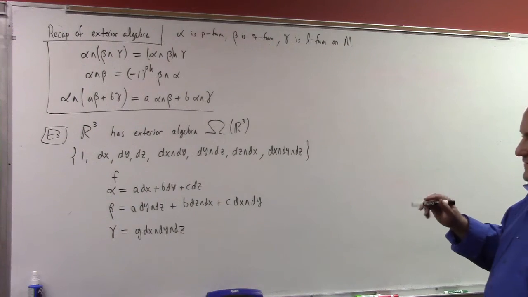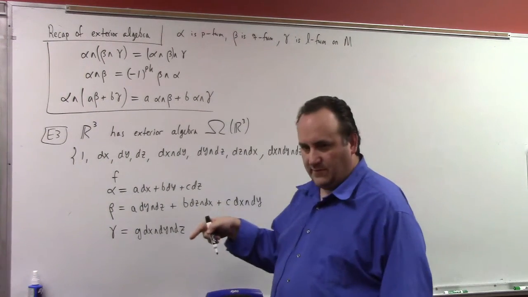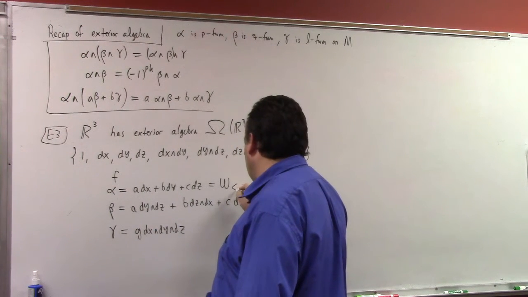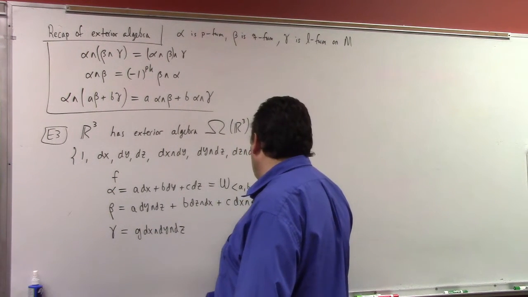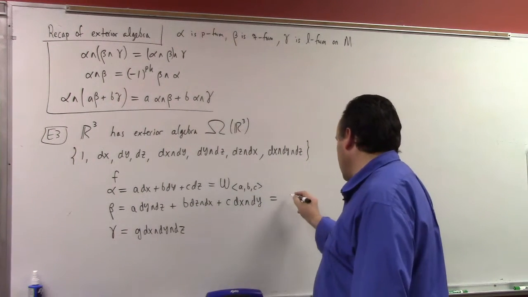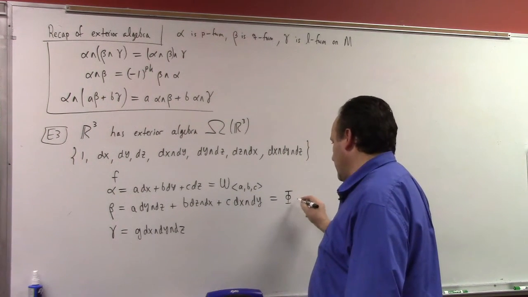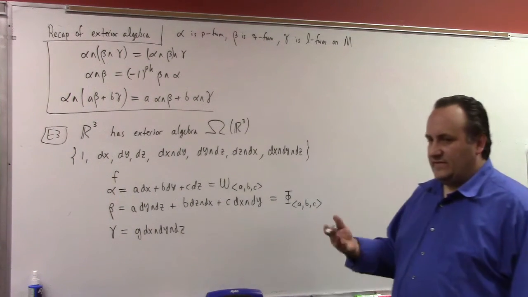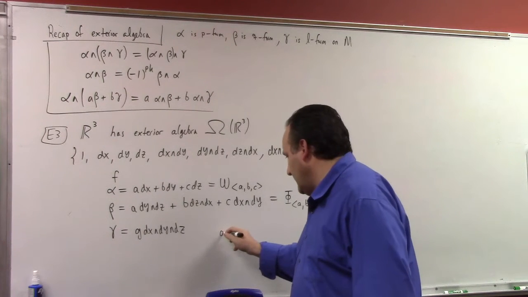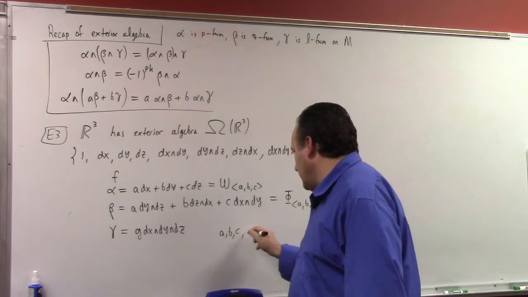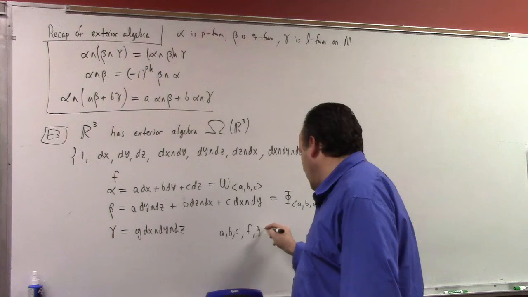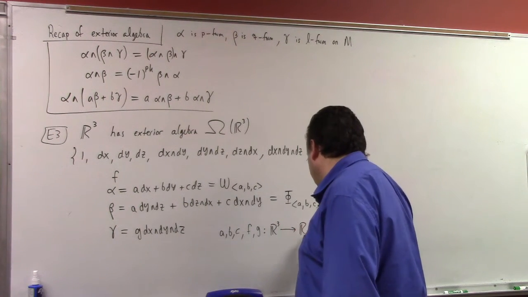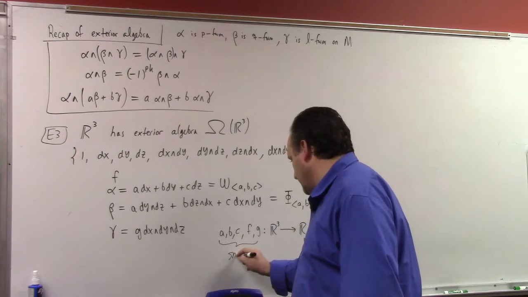We'd still like to use the notation we introduced before. I'd still like to say that this is the work form of ABC, and this is the flux form of ABC, right? It's just now I'm thinking of A, B, C, F, and G as actually functions from R3 to R, smooth functions.